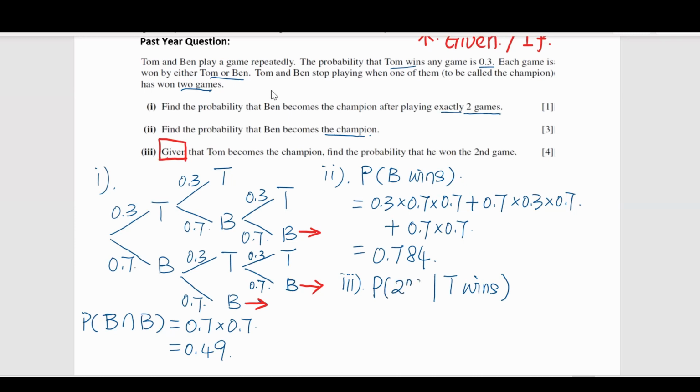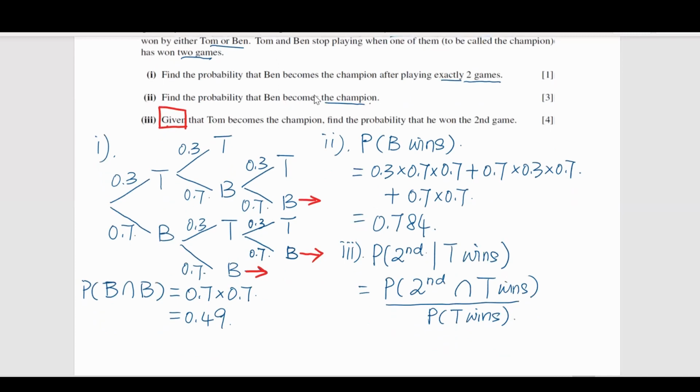Following the formula, it is the first event intersect with the second event, and then divided by the probability of the second event, which is something that has already occurred.